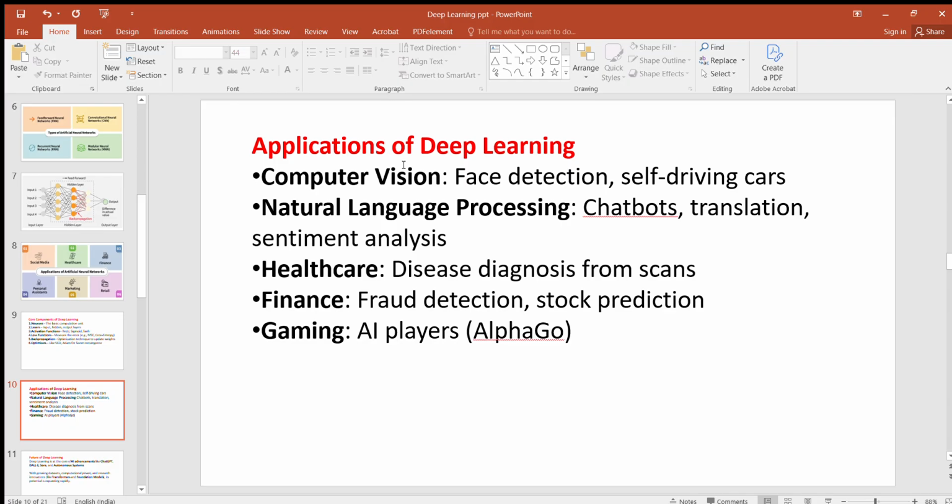Computer vision means how a human can see the world; in the same way, a robot or machine can watch the world.